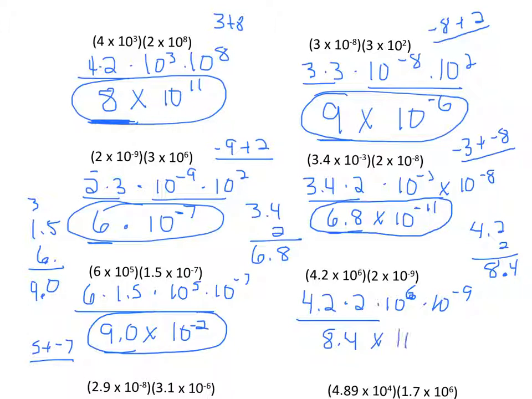Times 10 to the... and when we are multiplying powers with the same base, we add the exponents. So unlike signs, we subtract, and there's more negatives, so it's going to be negative 3. I'm going to look at my decimal. It is between 1 and 10, so this is in scientific notation. So that is my answer. We out.